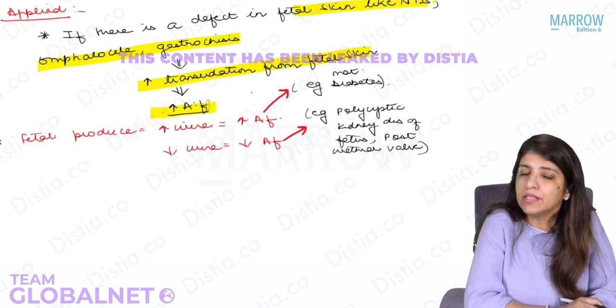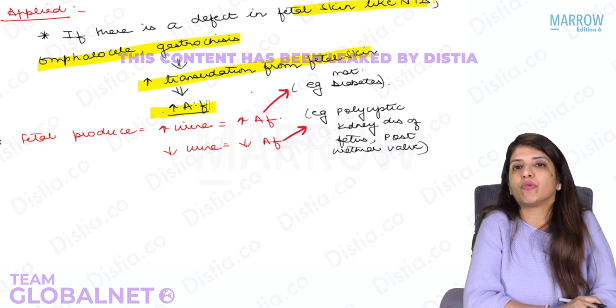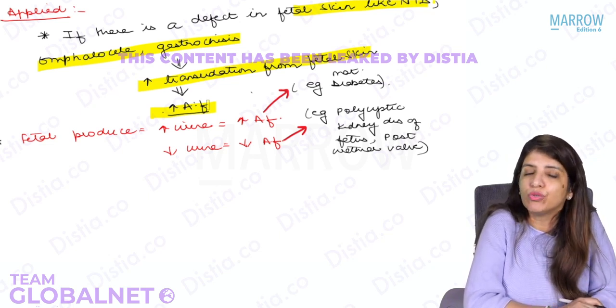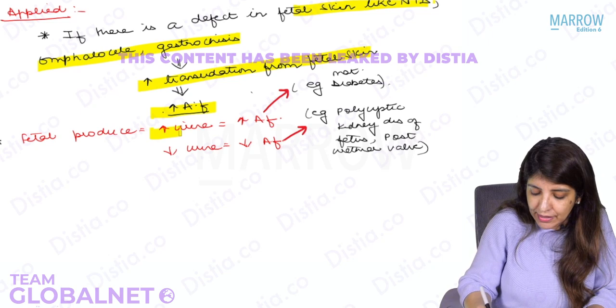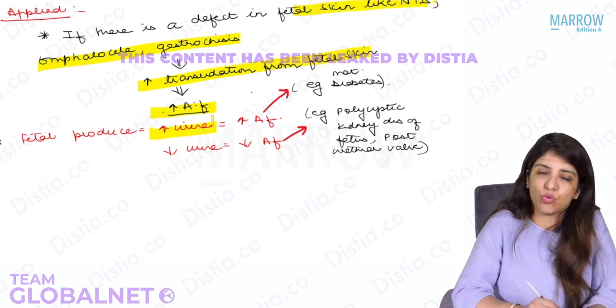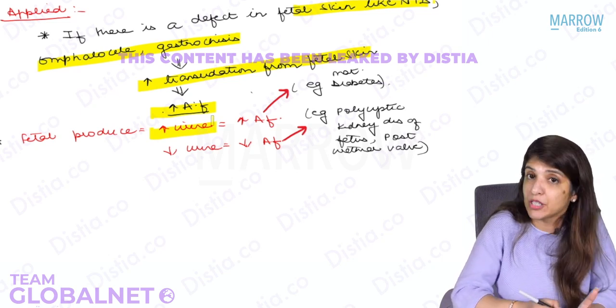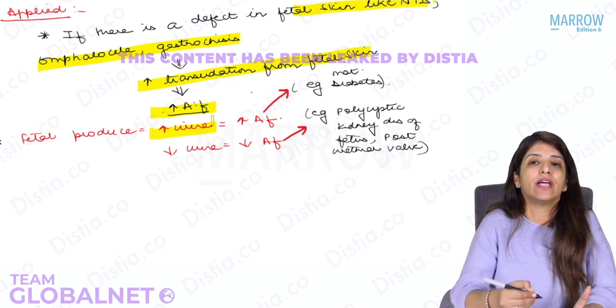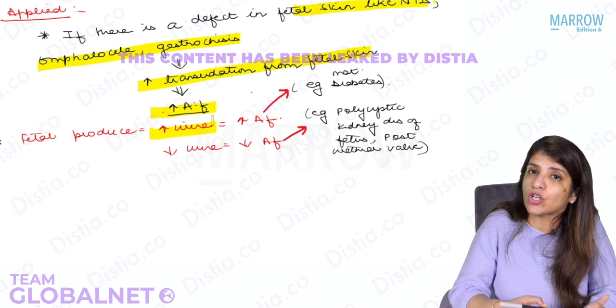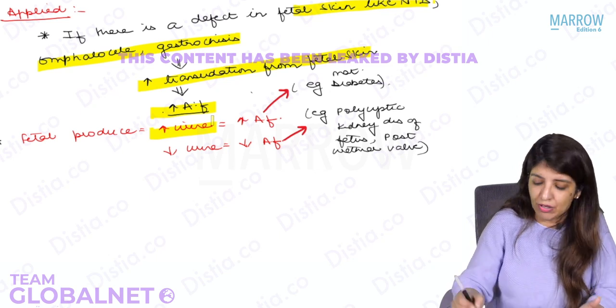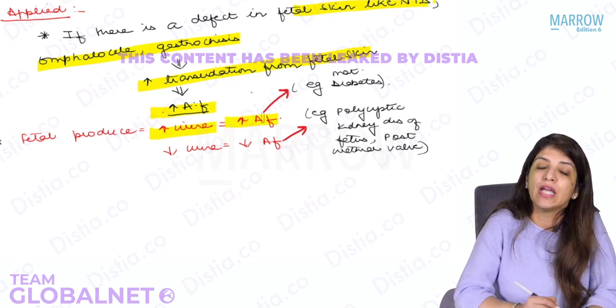Then, the third applied aspect of all these contributors: just now I told you that the overall main contributor of amniotic fluid is fetal urine. So, if there is increased urine production by the fetus, which happens in case of maternal diabetes, which happens when there is multi-fetal pregnancy, whenever there is increased production of fetal urine, there will be increase in amniotic fluid.